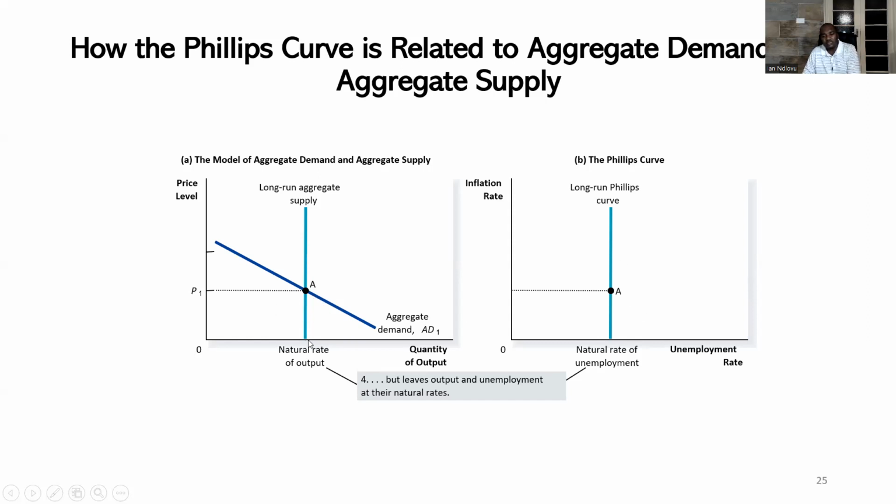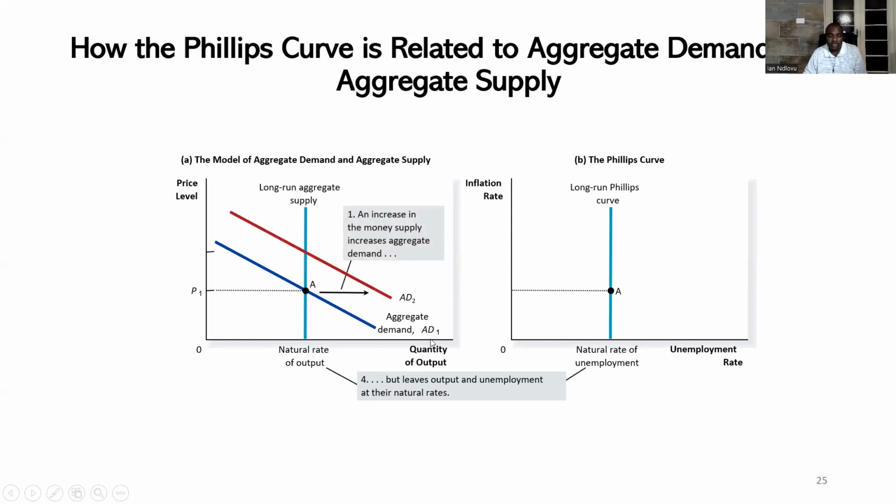And this will translate to just a movement along the long-run aggregate supply curve, which doesn't yield any real increases or decreases in the natural rate of output or in the full employment level of output, which also automatically translates to a movement along the same long-run Phillips curve, which is vertical.